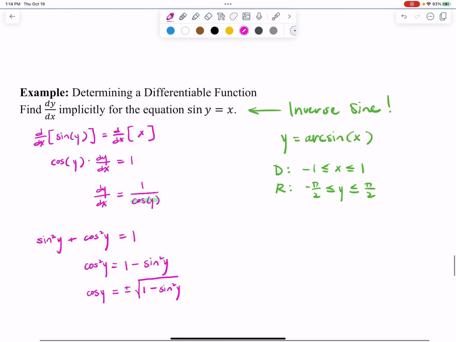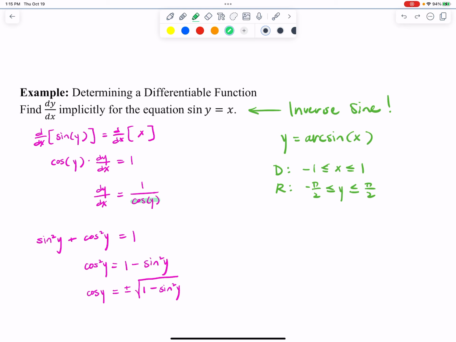Well, then we think, okay, well, cosine of y on the interval from -pi/2 to pi/2 for y. Looking at this interval again. On that interval, cosine would only be positive, because remember that interval covers quadrant 1 and quadrant 4 of the unit circle.